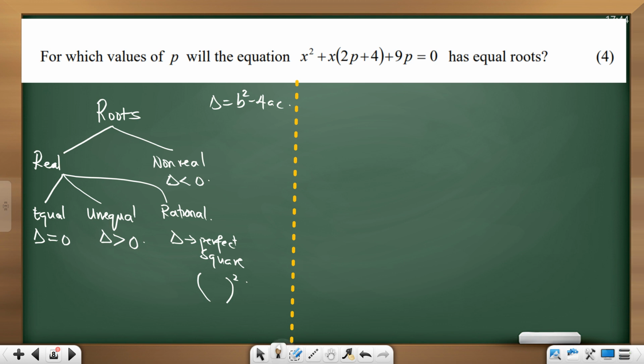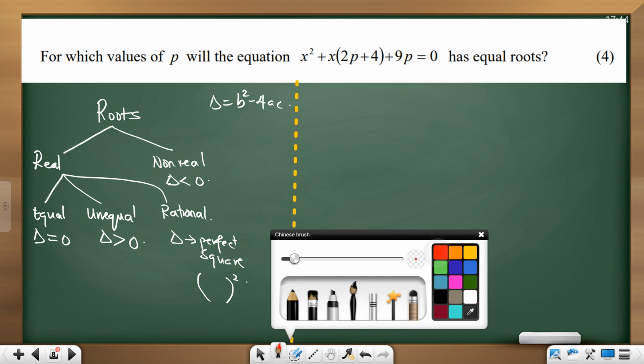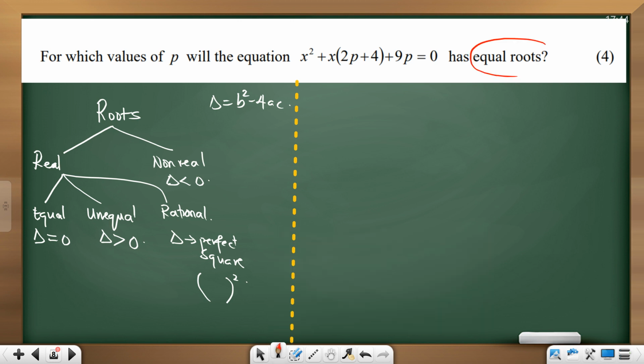Okay, now, examiner says have what? Equal what? Roots. First thing that comes to my mind, discriminant must be equal to what? 0. And before you get your discriminant, please make sure that you write it in standard form. Is that okay?